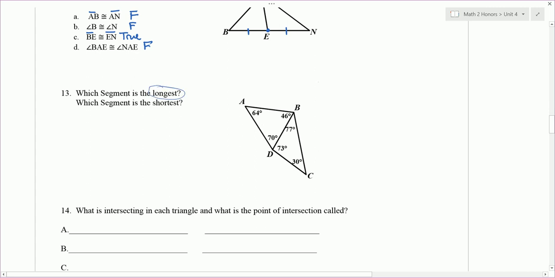So in triangle ABD, okay, the largest angle is 70 degrees, right? And so the largest side is across from the largest angle, which is AB. So in triangle ABD, AB is the longest side.